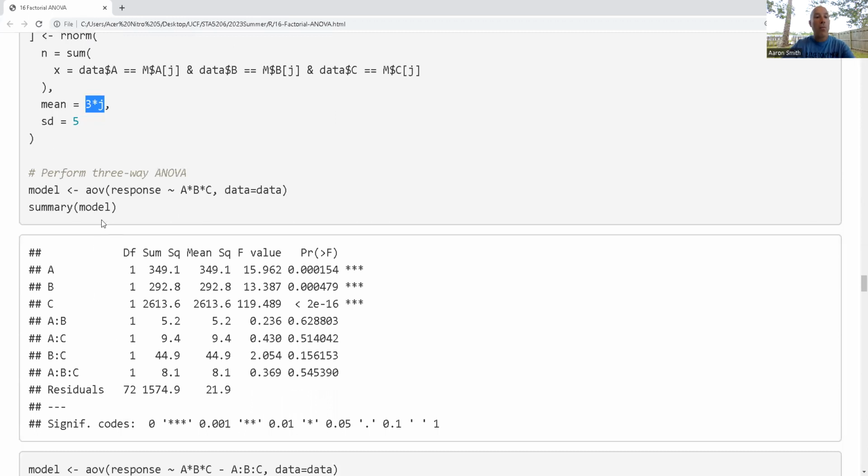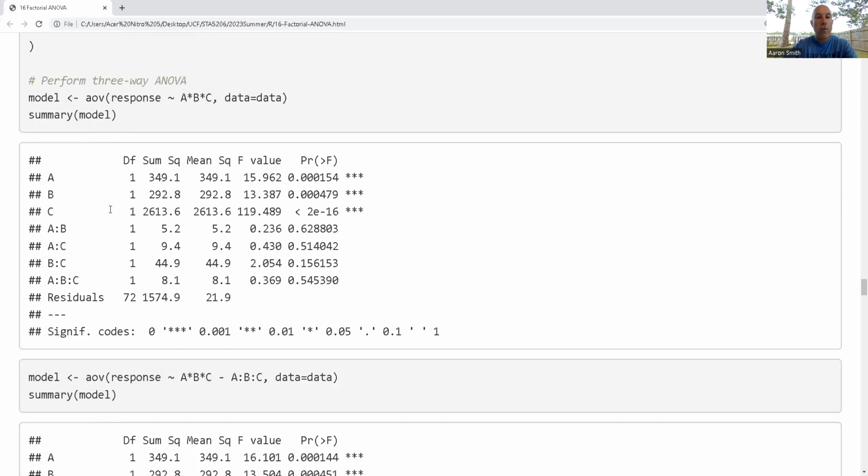All right, so let's go ahead and run our 3-way ANOVA. What I need to do is say that my response depends on, I've got tilde, A times B times C. I'm using the star thing. So what's happening here? If I have a plus sign, I'm saying main effects. If I'm having a colon, I'm saying interaction effect.